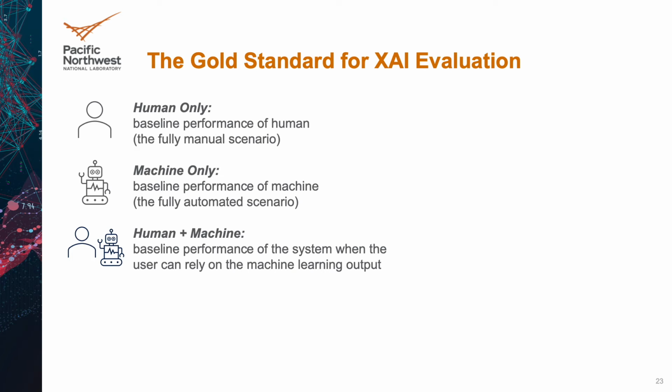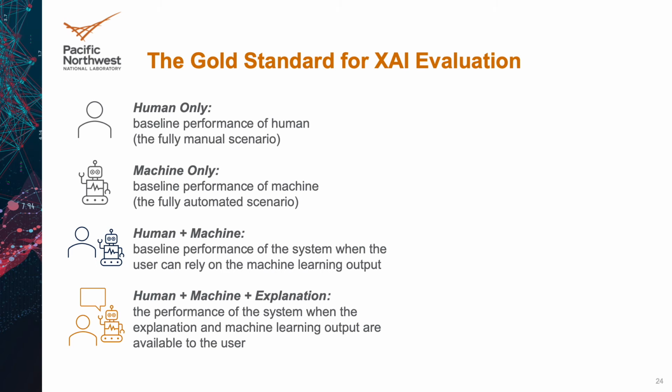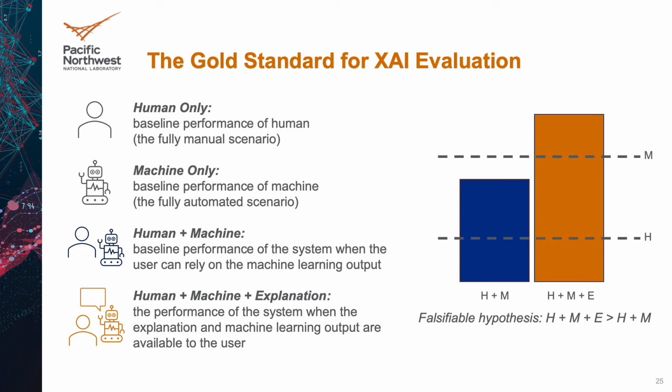The human and machine case is a baseline performance of the system when the user can rely on the machine learning output, and the human and machine and explanation case is the performance of the system when the explanation and machine learning output are available to the user. Researchers should compare the performance of the human and machine and explanation group against the human and machine group. The human-only and machine-only groups can provide additional context.